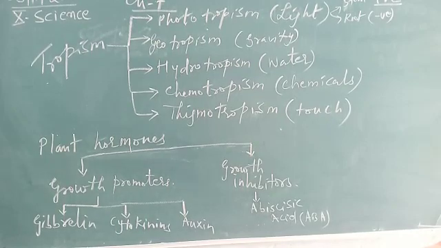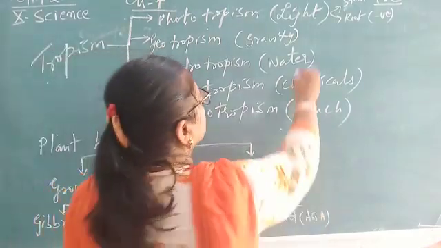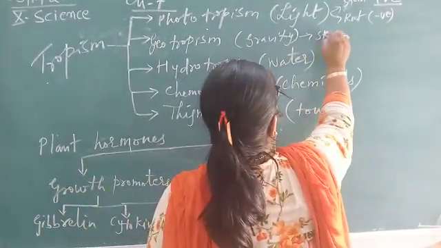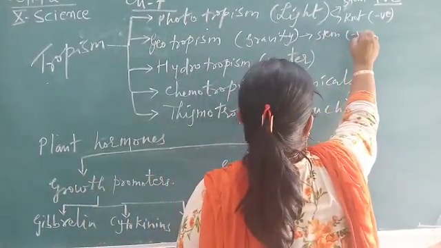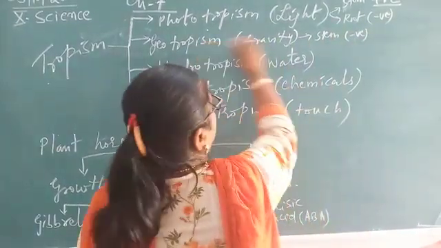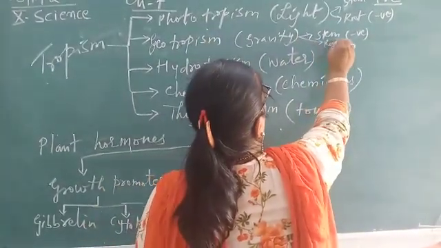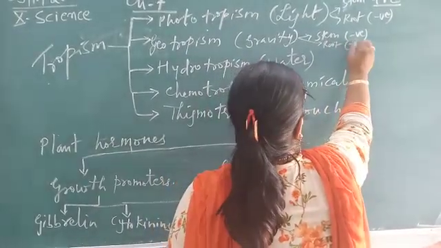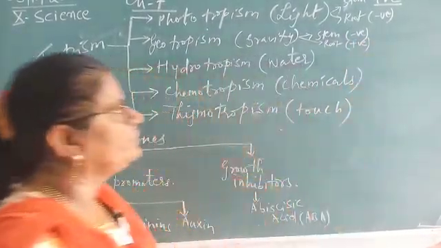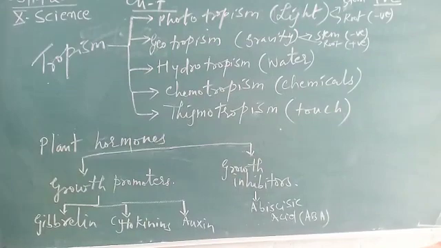Now the second one, that is geotropism. The movement of the plant in response to the direction of gravity is called geotropism. You know that the stem is outside, so it shows negative geotropism, while the root is always in touch with the soil, so it shows positive geotropism.